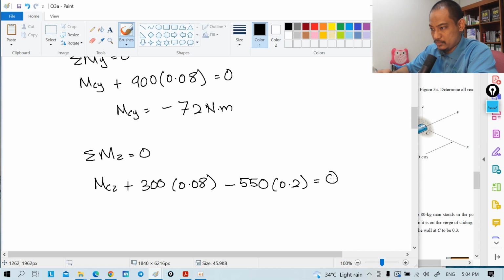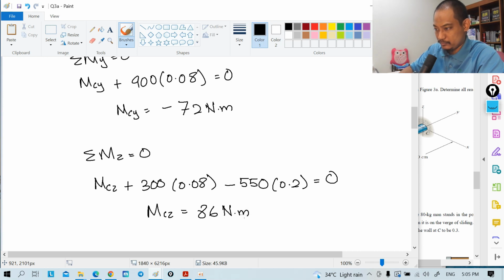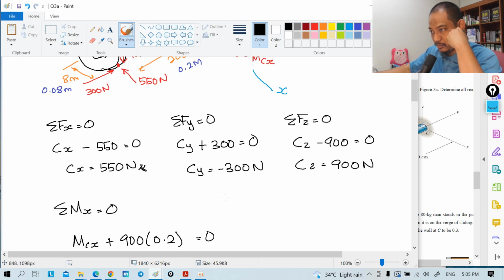So 300 times 0.08 minus 550 times 0.2 plus MCZ equals 0. Bringing to the other side, MCZ equals positive 86 Newton meter.